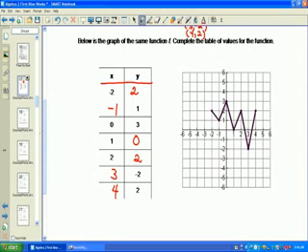Now remember, there's a couple things. Remember, this is the domain. And this is my what? Range. Independent, dependent. Y is the same thing as f of x. The same exact thing. Okay?